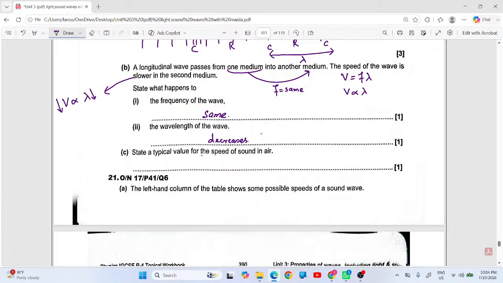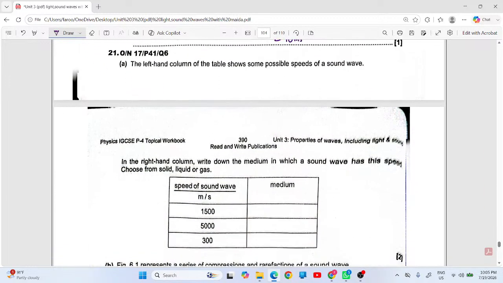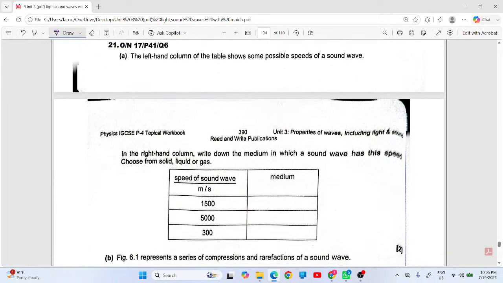State a typical value for the speed of sound in air. Speed of sound in air is around 340 meter per second. Next, the left hand column of the table shows some possible speeds of sound waves.